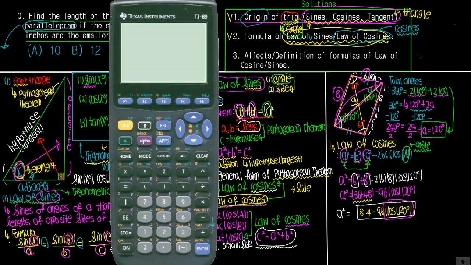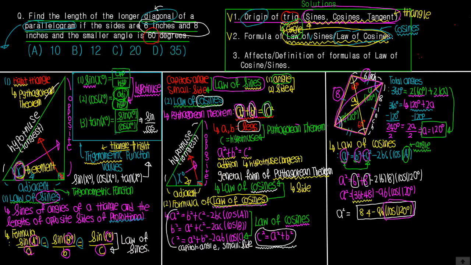All you have to do is input our cosine, using the second button. So let's turn this on, clear this, and input cosine of 120 degrees. What will it be? This will be negative 1 over 2. So cosine of 120 degrees will be negative 1 over 2. So our final calculation will be negative 1 over 2 times negative 96, plus the constant term, and that should be equal to a squared.